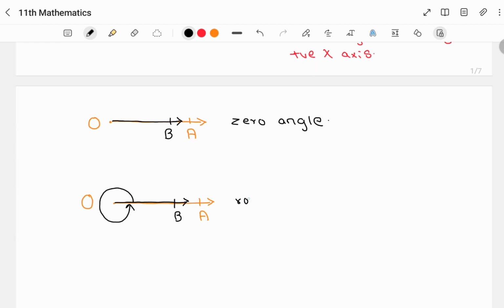So in zero angle, the coincidence of the initial arm and the final arm is because there is no rotation, and in one rotation angle, there is one complete rotation.